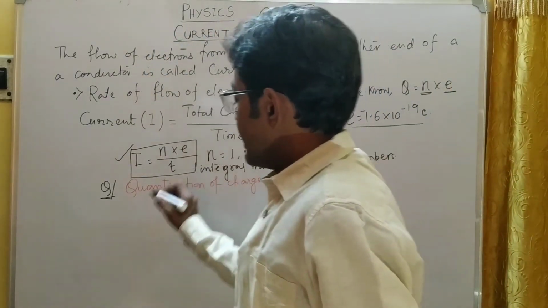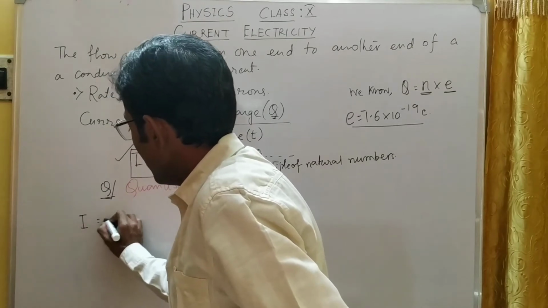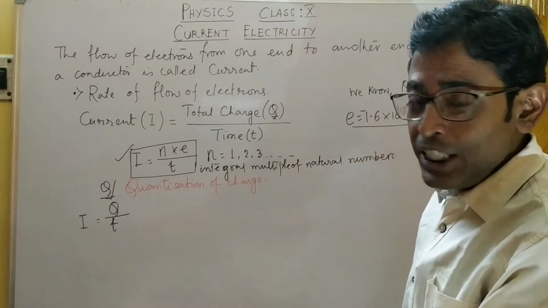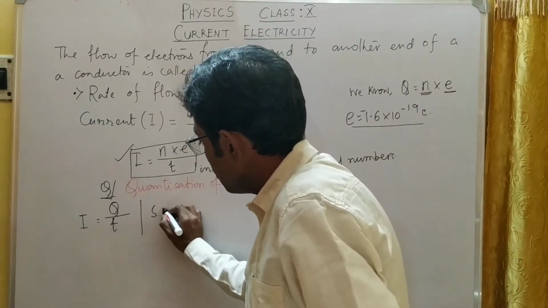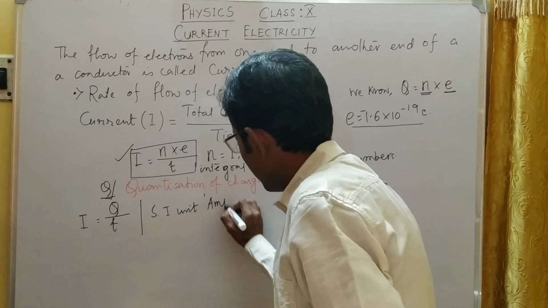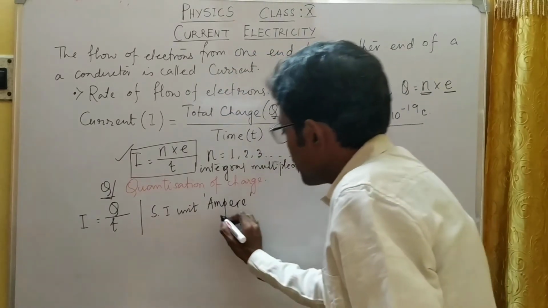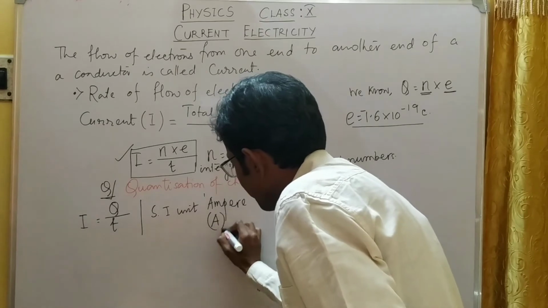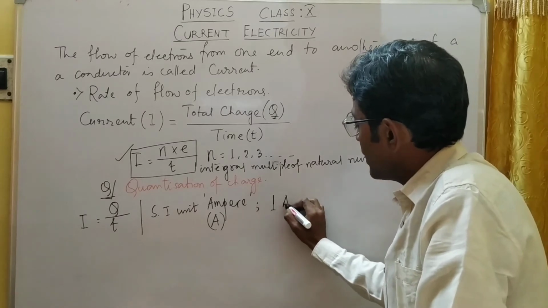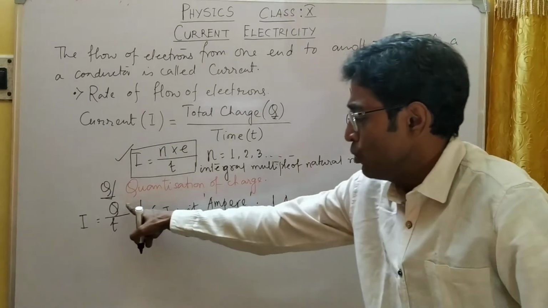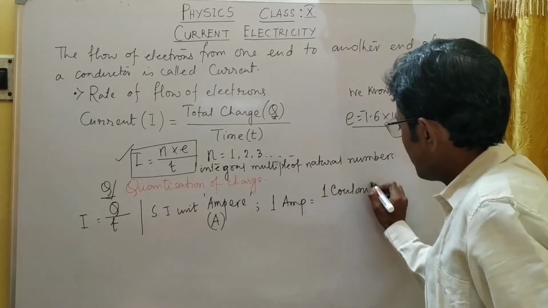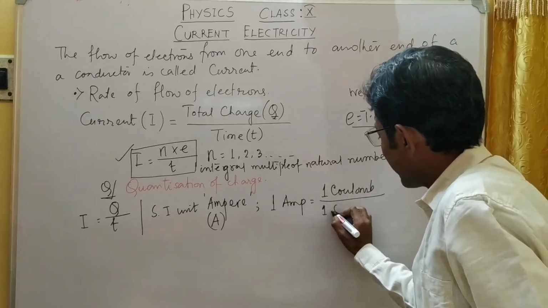Another question I'd like to tell you: current is equal to, as we have just learned, Q by T, total charge by time. The SI unit of current is ampere, denoted by the letter A. From this relation I can write 1 ampere is equal to coulomb, the SI unit of charge, by 1 second.